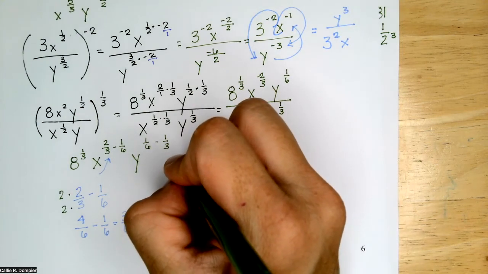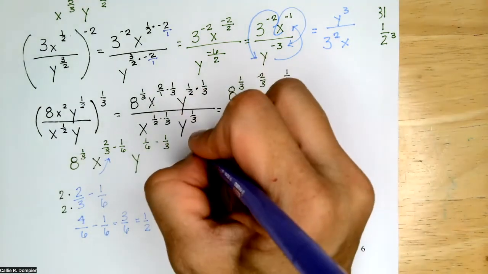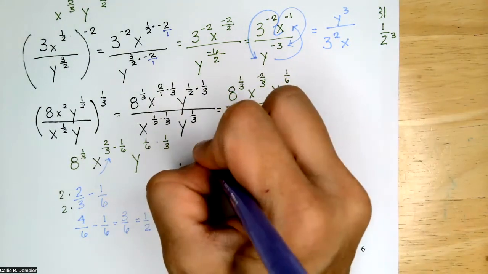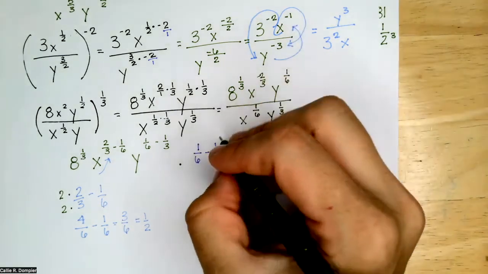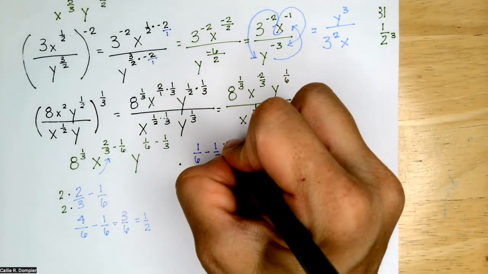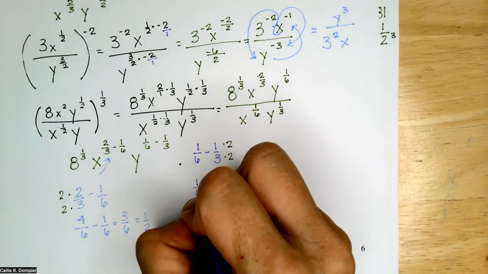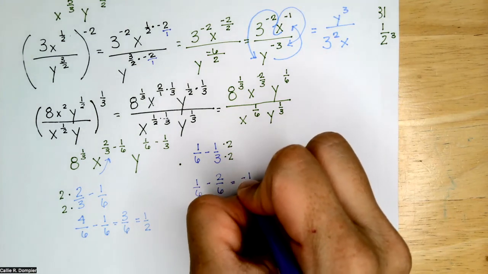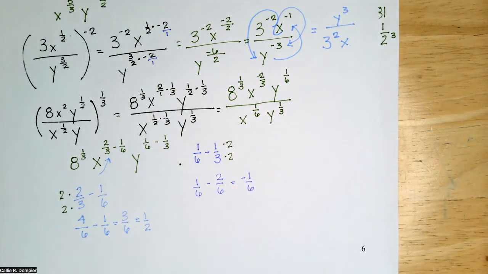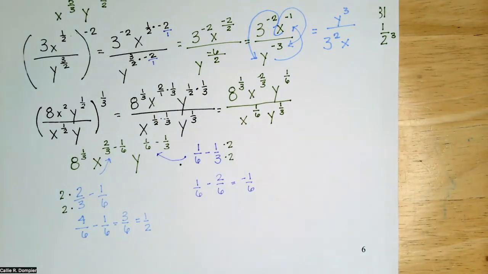Here we have 1/6 minus 1/3. Again, I need to multiply this side by 2 to get a common denominator. So that is now 1/6 minus 2/6, which is negative 1/6. And that's for the y. Good.